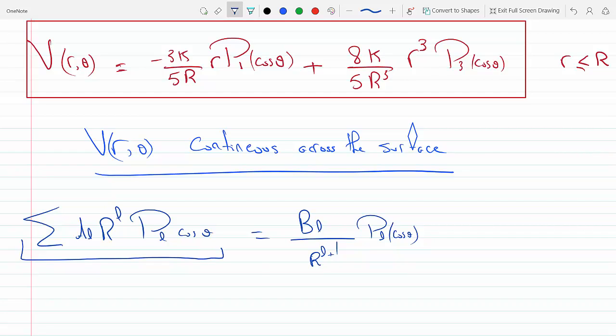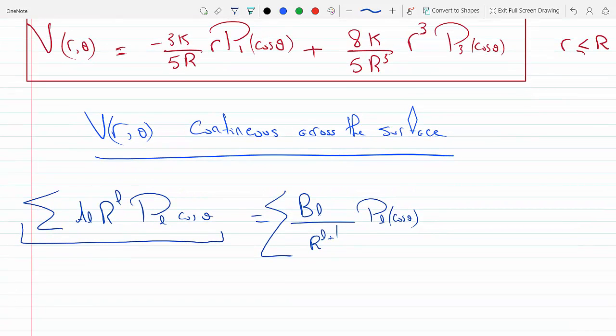There's a summation here. So that means B_L, well, there's only two terms that survived, the L equals 1 and the L equals 3, and since they're equal, the coefficients of both series on the left and the right have to be the same, and if that's the case, I could figure out what my B_L is from here.